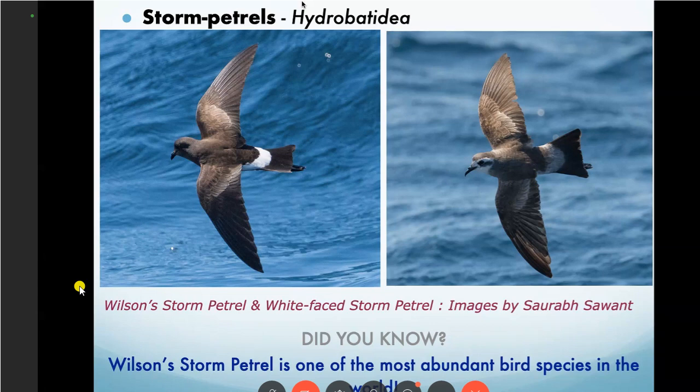Another interesting thing about the storm petrel is that these are small birds, and they fly very close to the water. When they nest, they normally lay only one egg, and the egg that they lay is huge. The size of the egg in proportion to the body is almost 29%.